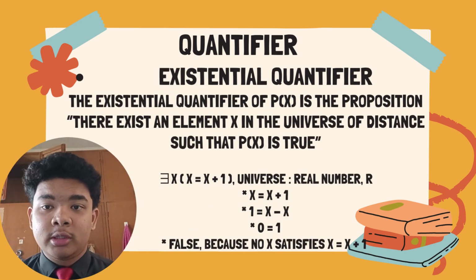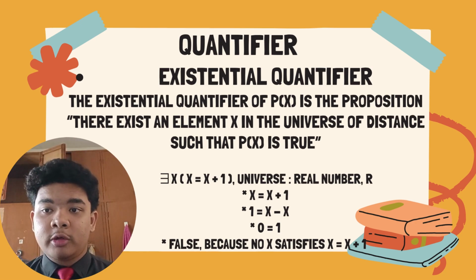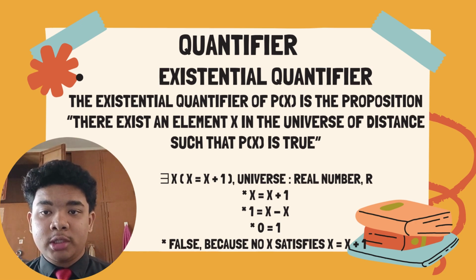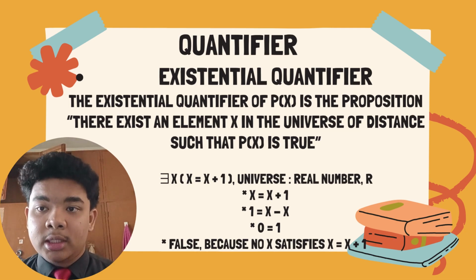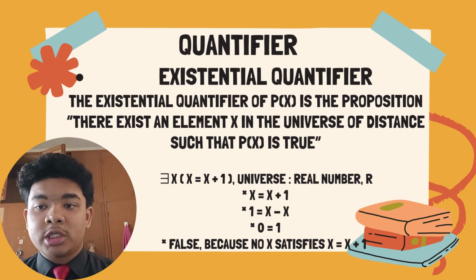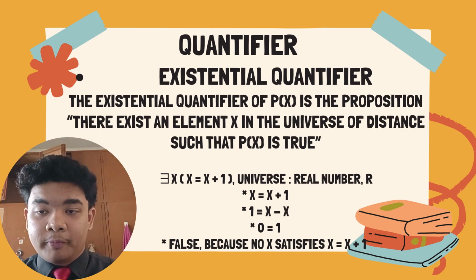Existential quantifier. The existential quantifier of P(x) is the proposition that there exists an element x in the universe of discourse such that P(x) is true.